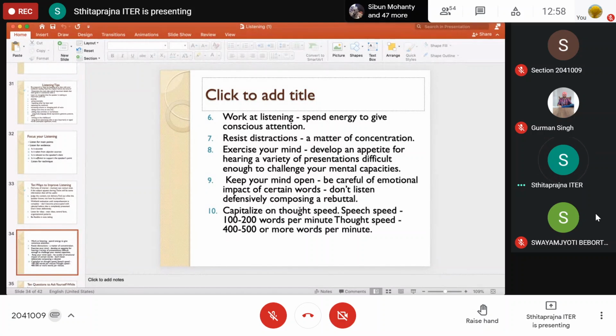So don't allow emotional triggers. Don't start getting preoccupied with rebuttals. Don't listen defensively, and capitalize on thought speed. If the speech speed is 200 words per minute, the thought speed could be 500 words per minute. So capitalize on that.